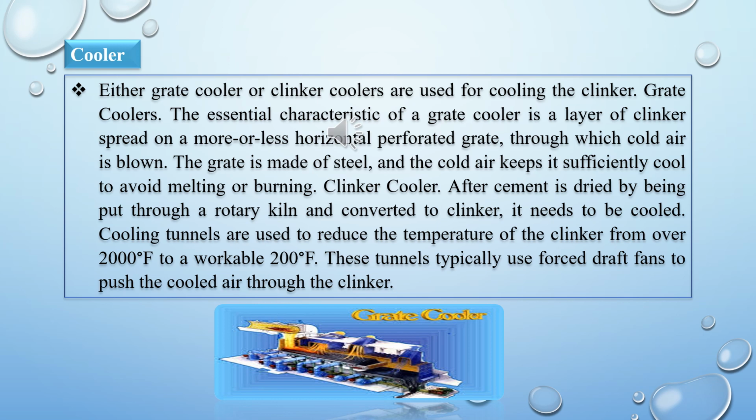Grate coolers. The essential characteristic of a grate cooler is a layer of clinker spread on a more or less horizontal perforated grate through which cooled air is blown. The grate is made of steel and the cooled air keeps it sufficiently cool to avoid melting or burning.